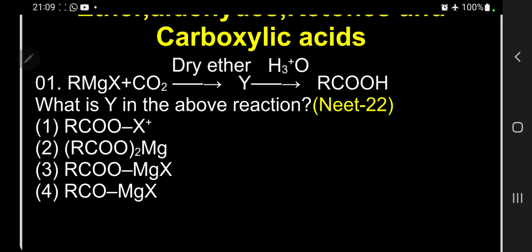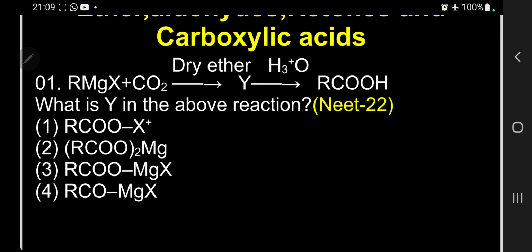What is Y in the above reaction? Four options are given. 1. RCOOX plus. 2. Within bracket (RCOO)2Mg. 3. RCOOMgX. 4. RCOMgX. So if you want to give the answer for this question, you must go to the Grignard reagent.